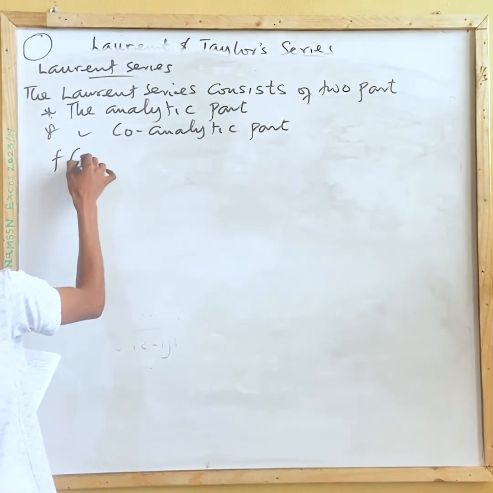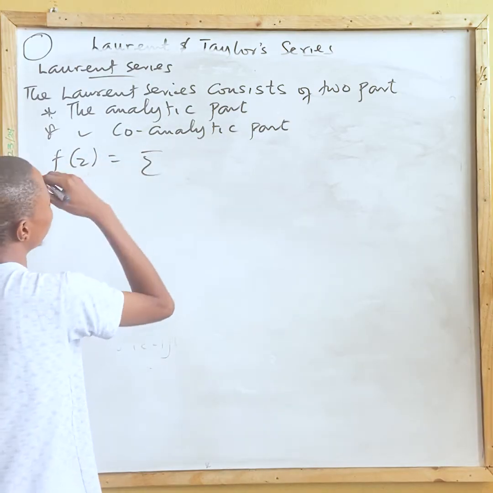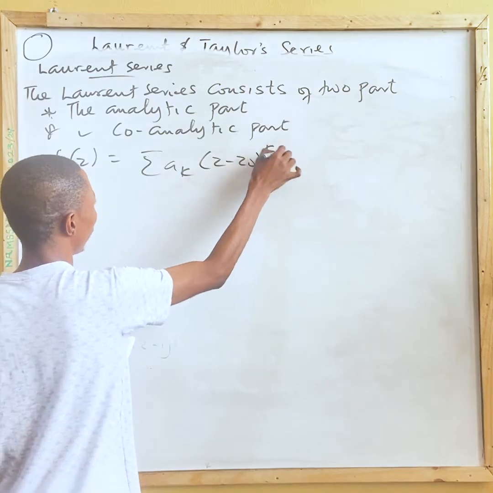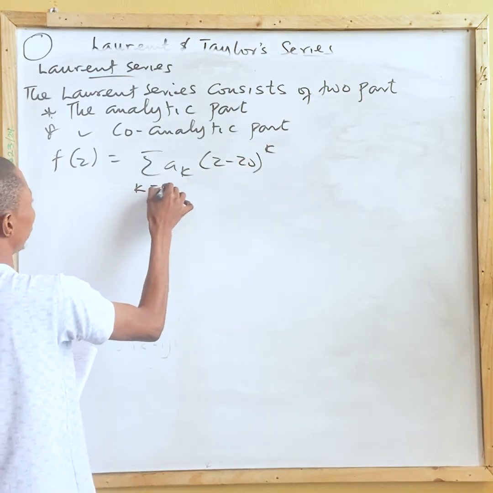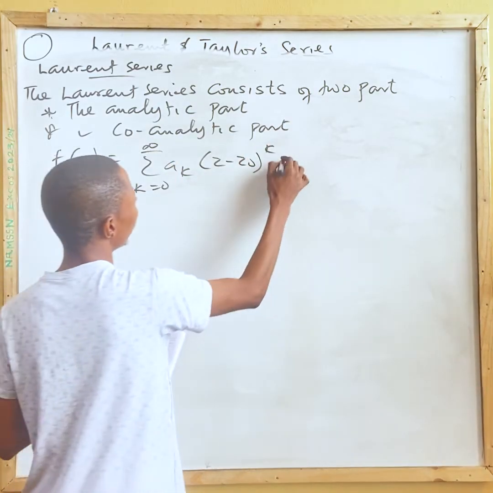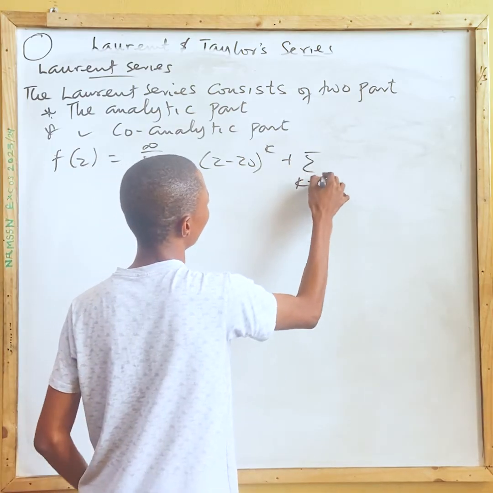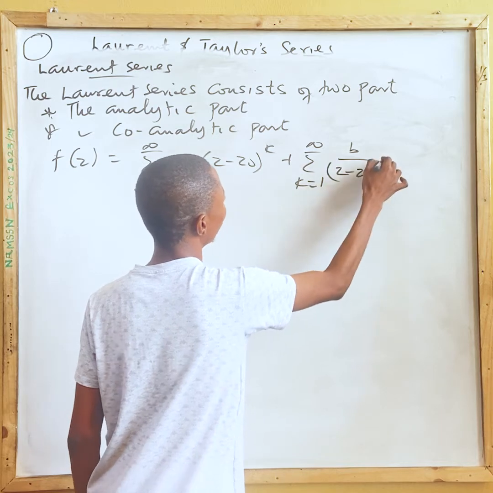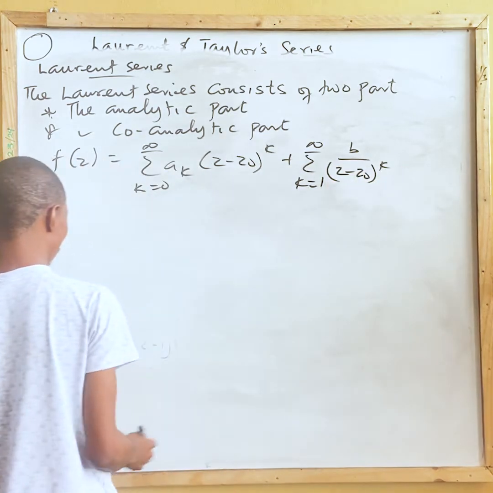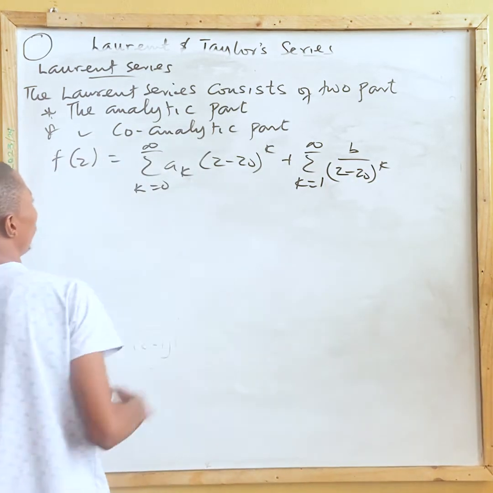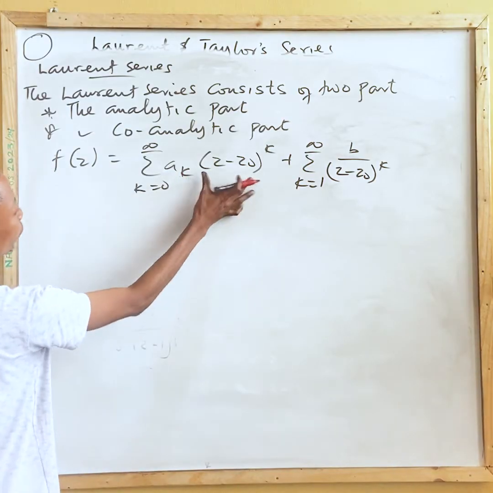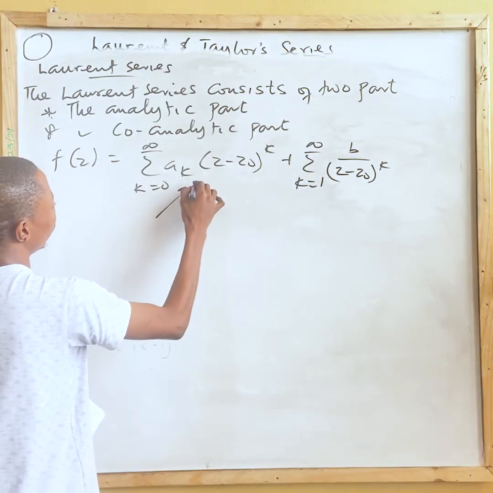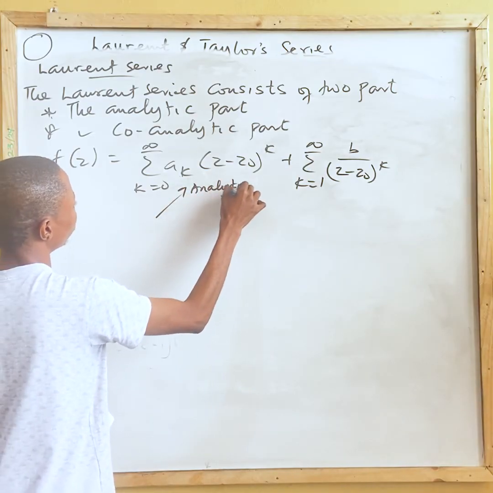It's like f of z equals the summation of a_k times z minus z naught all raised to the power k, where k starts from 0 and ends at infinity, plus the summation where k now starts from 1 and ends at infinity, of b_k divided by z minus z naught raised to the power k. So the part where k starts from 0 and a_k multiplies z minus z naught is the analytic part.